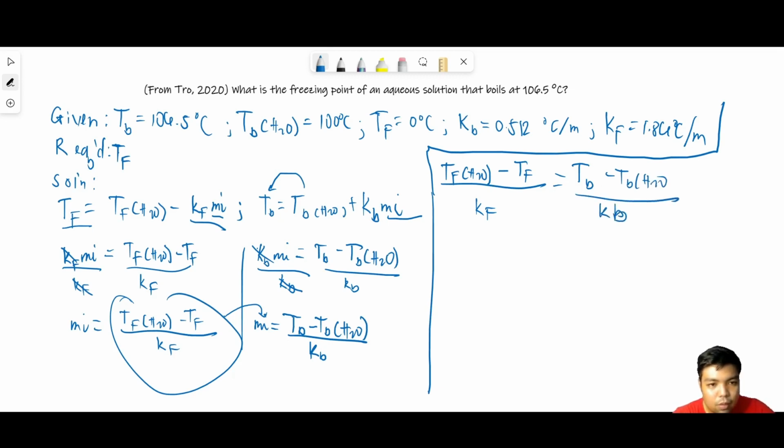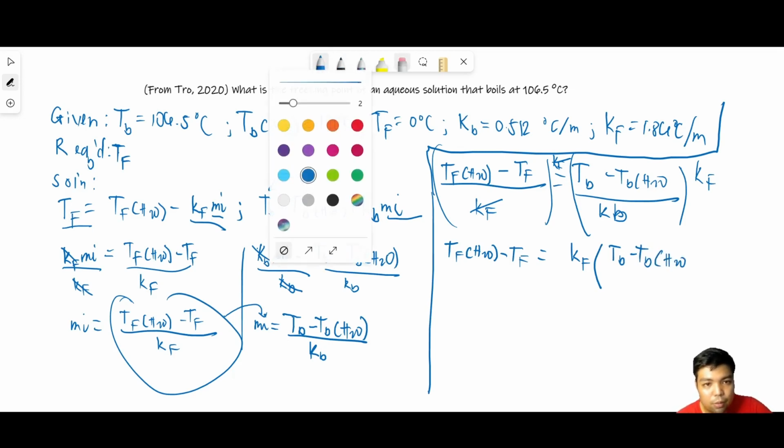Okay, so multiply both sides with KF. Hindi siya exponent, ha? Multiply both sides by KF para ma-cancel out si KF. So what we'll have is this one, minus TF is equals to KF multiplied by TB minus TB of your water.